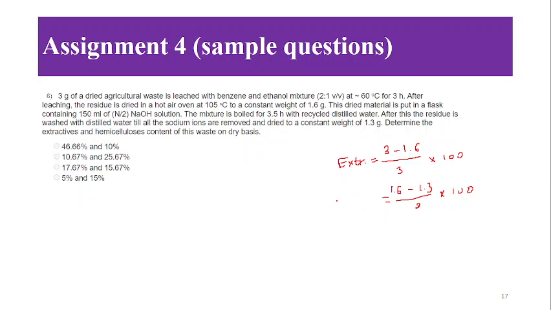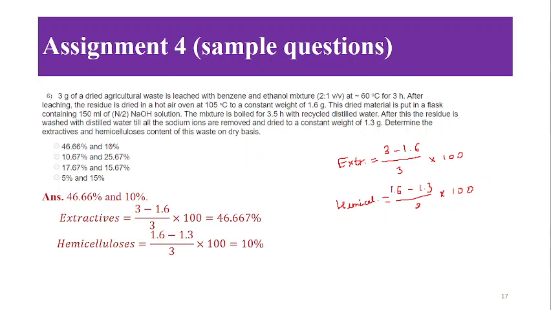The hemicellulose content is given by this formula. So 3 minus 1.4 by 3 and 0.3 by 3. So this will be 10% and this will be around 46.66%. So the first option is correct here. And the formula used is also given in the explanation.